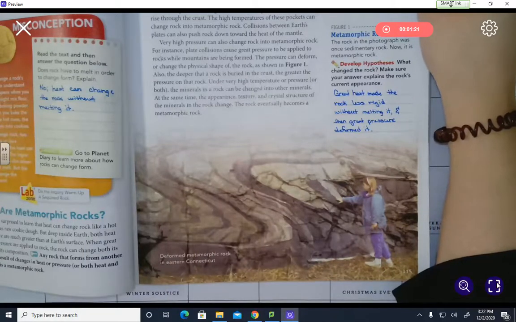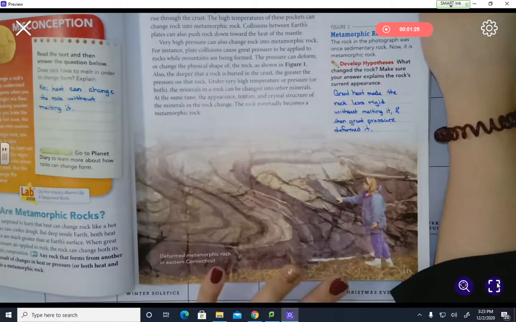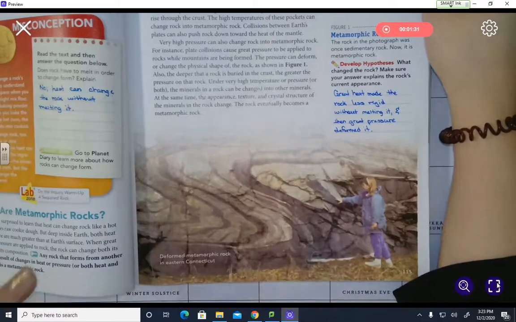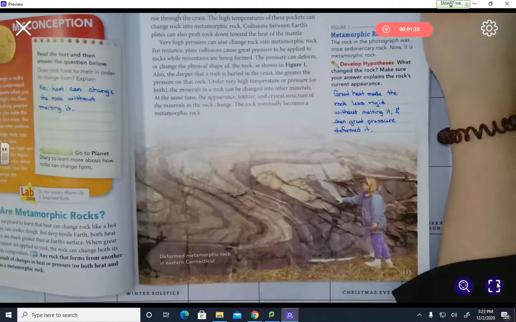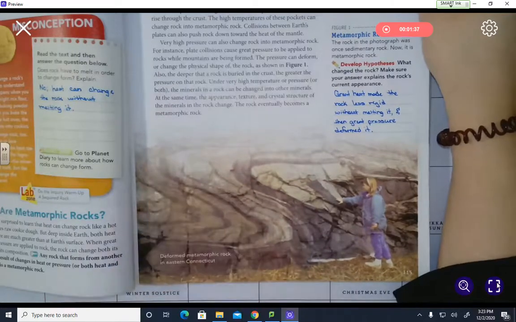So it says great heat made the rock less rigid without melting it, and then great pressure deformed it. So the heat changed it and made it less rigid, and then the pressure makes the bands in the rock.